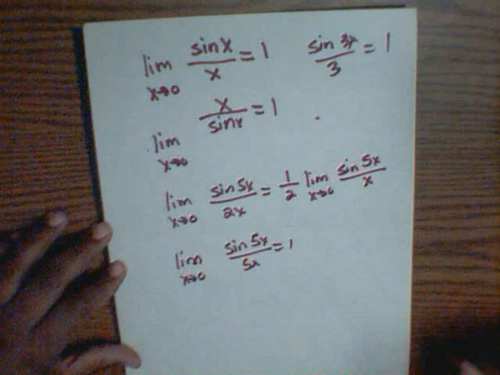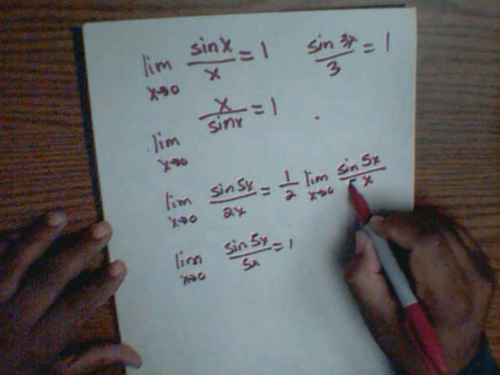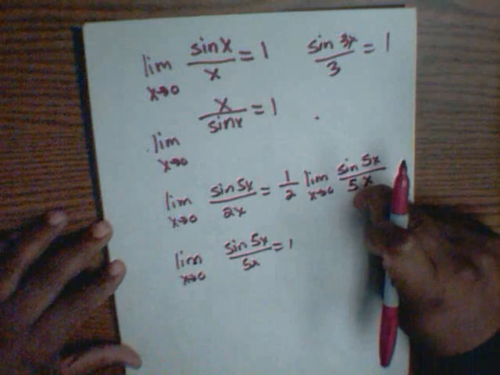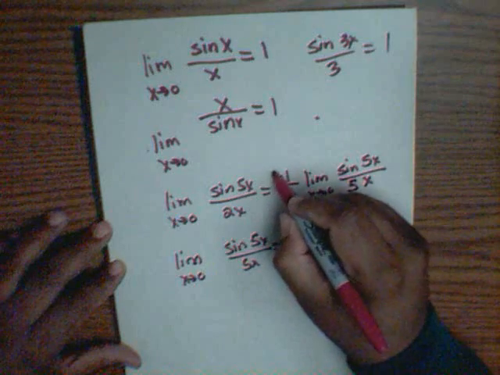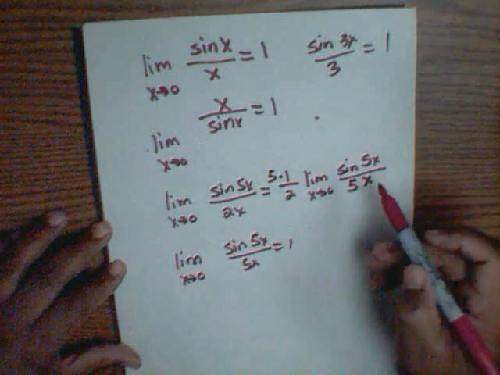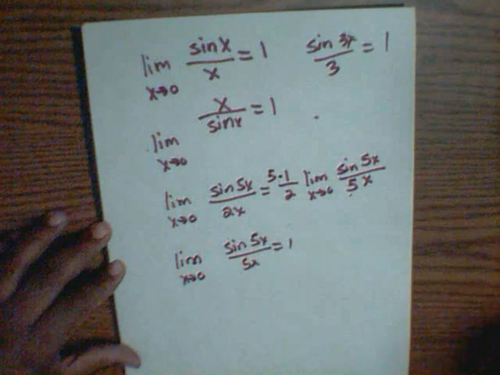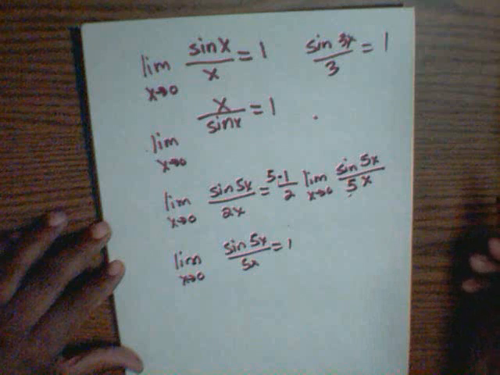Okay. Then what I want to do is multiply the bottom here by 5. Now I can do that as long as I multiply on the outside, the top, by 5. Those cancel each other out. Because see, if I take this 5 to the outside, then I have 1 and I haven't changed the problem. So isn't that wonderful?